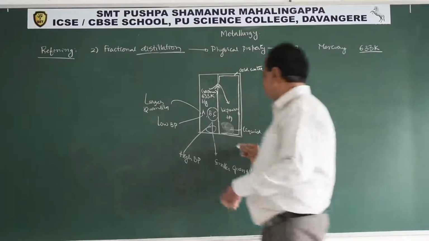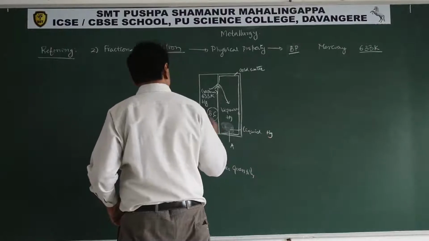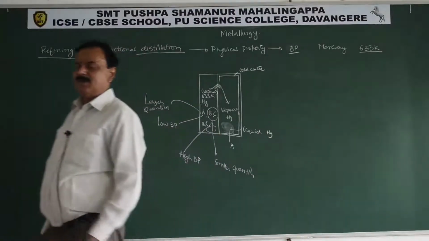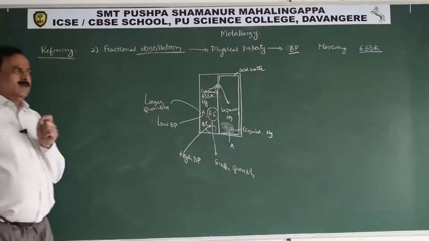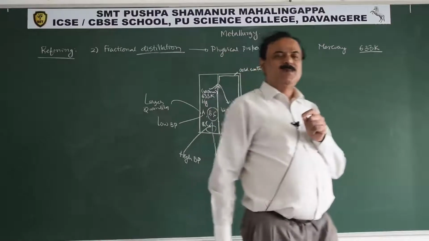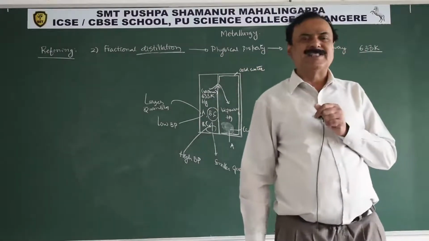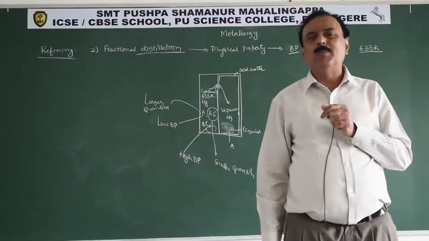Therefore, here we can separate A, and here we can separate B and C. This is about the fractional distillation method. Make sure the liquation method is employed whenever the metal possesses a low melting point. Fractional distillation is employed whenever the metal possesses a low boiling point.